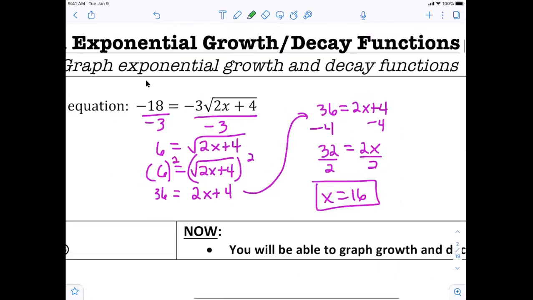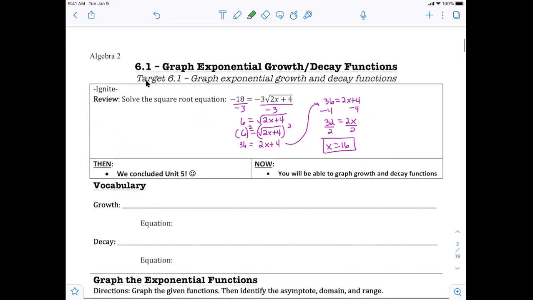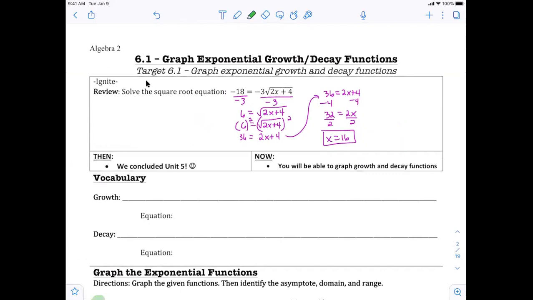Now, today, the main goal is obviously exponential growth and exponential decay. And the difference, obviously, between last unit and this unit is radicals don't follow the same kind of curve that exponential functions do. When we say that something is either growing or decaying exponentially, we're saying that it's changing rapidly. We're getting really large really fast, or we're getting really small really fast.